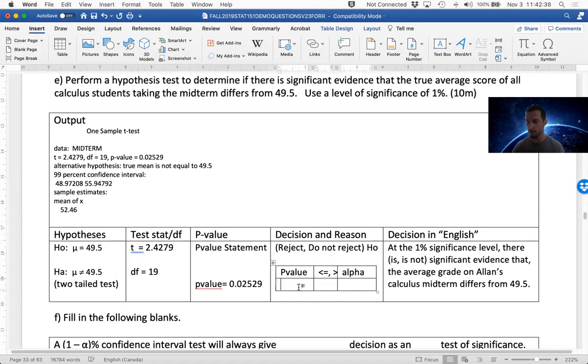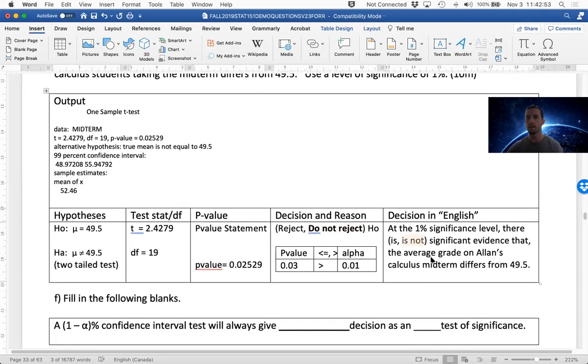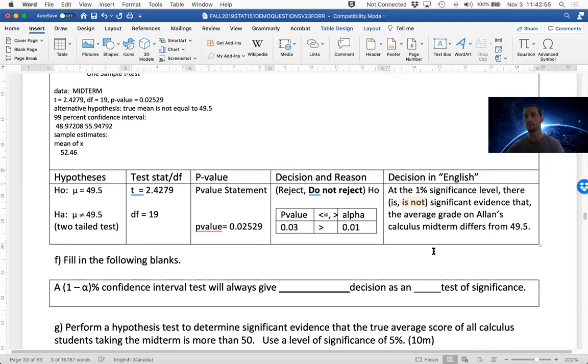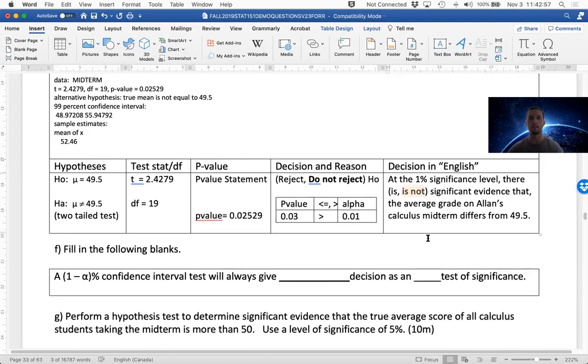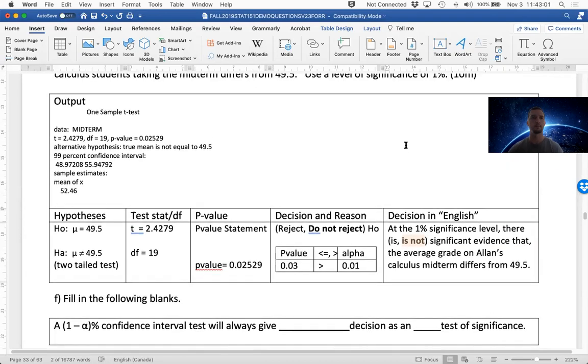Okay, so our p-value is 0.03, which is greater than alpha, which is 0.01. So we do not reject H naught. And then at the 1% level, we can say that there is not evidence that average grade on Allen's midterm differs from 49.5. Any questions on that?